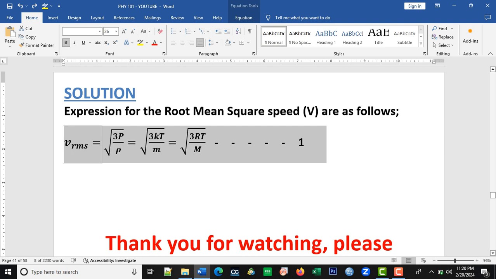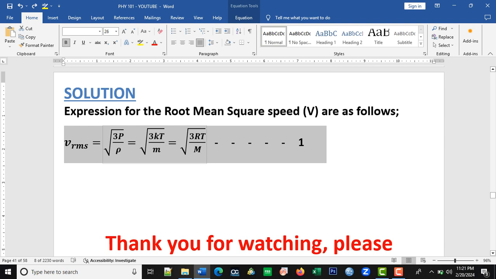So this is the velocity for root mean square, and this is equals to the square root of 3p over rho. The p here signifies the pressure of the molecule. The density of the hydrogen molecule is the one below here, and this one is root 3kT over m. So the k you've seen here represents the Boltzmann constant.